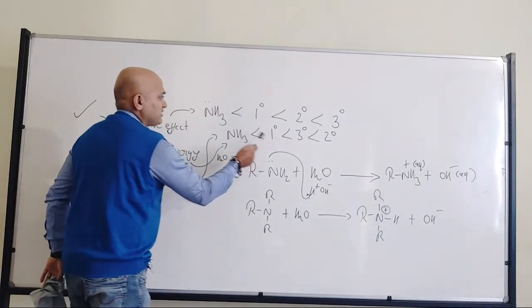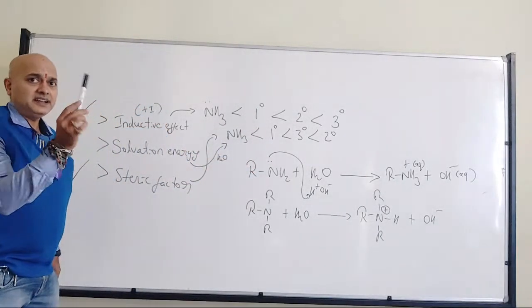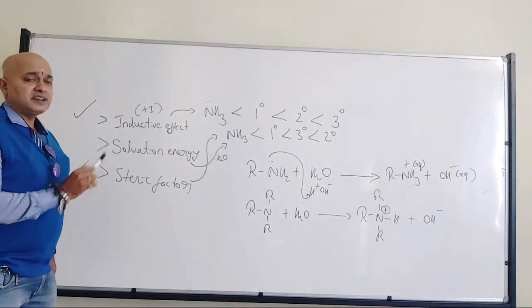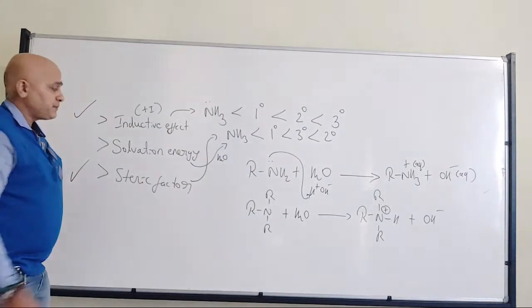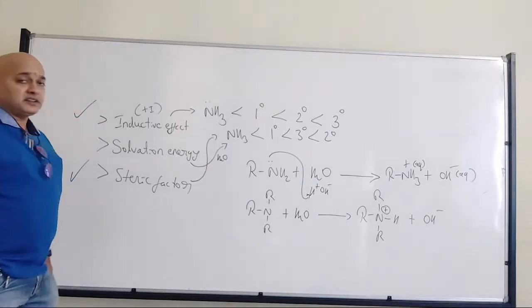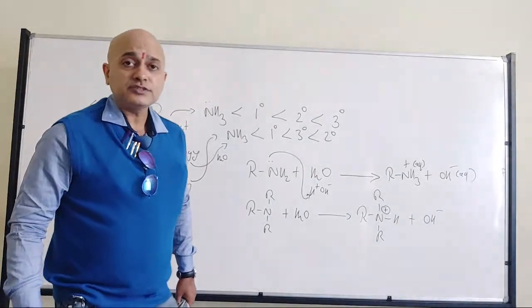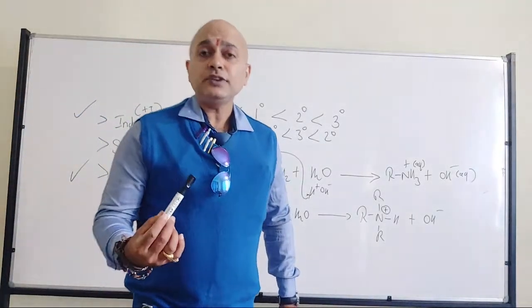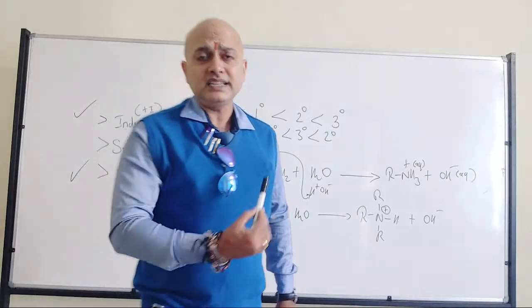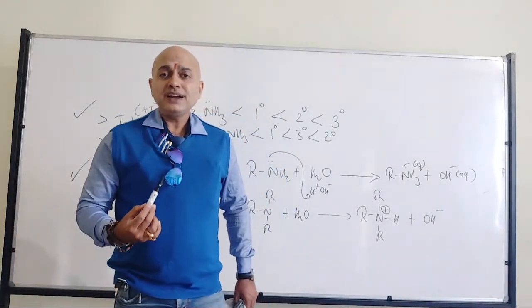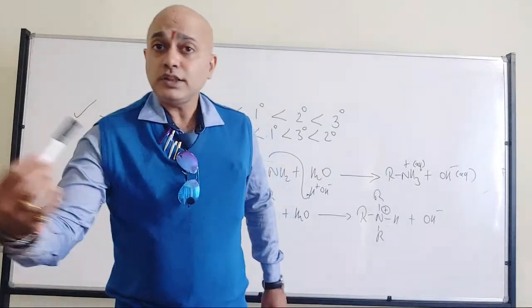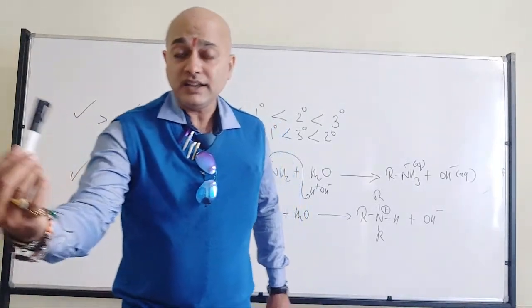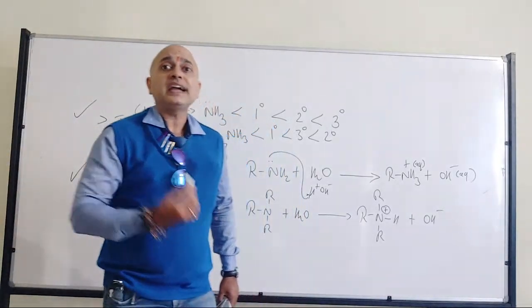So that's where this arrangement cannot be acceptable. Now we can go with this. There is a slight interchange in the position of tertiary and secondary amines. Then comes the steric factor. Naturally, it is related to how much space is available for a new molecule, that is the electrophile, to enter into and attach to the nitrogen.